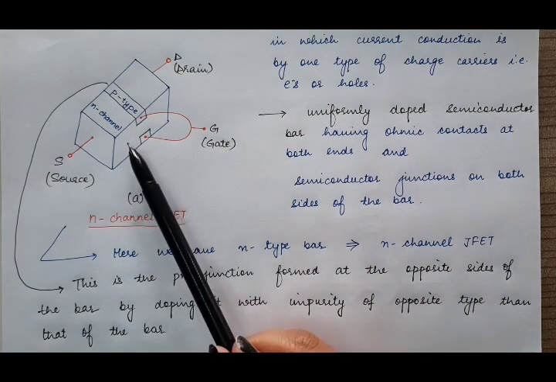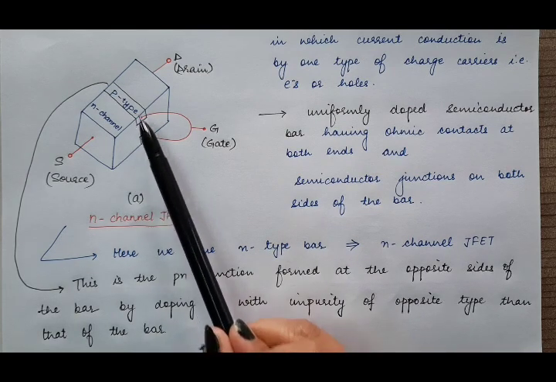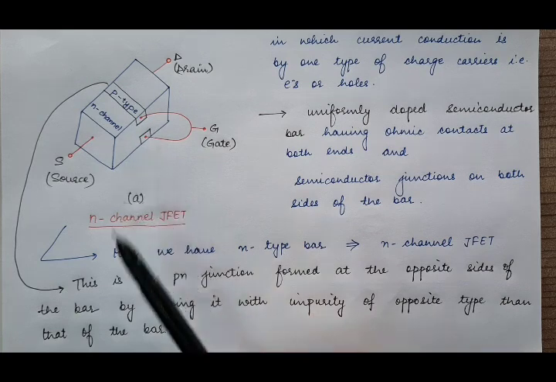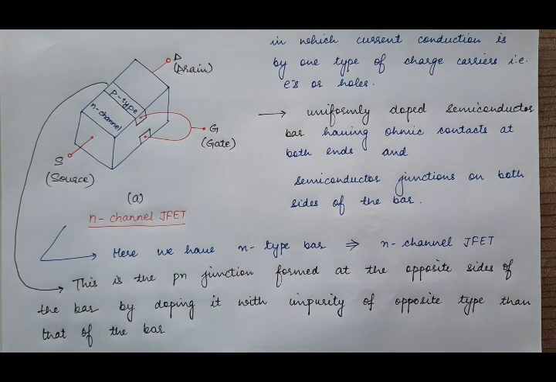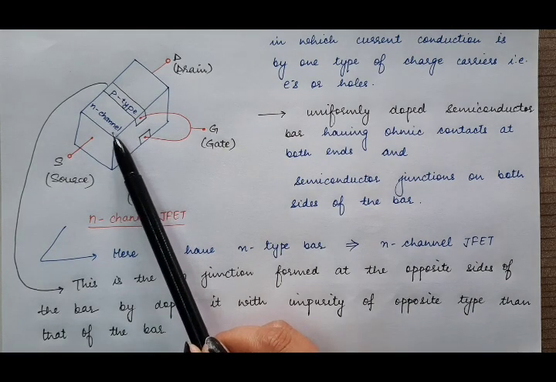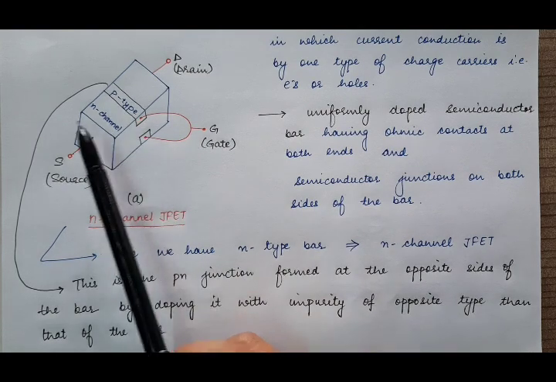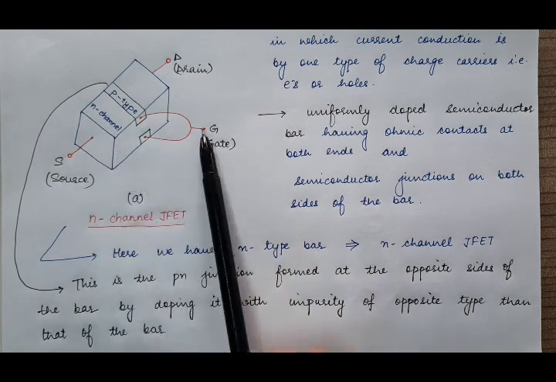And if you have a p-type bar, in the case of a p-channel FET, the impurity with which you dope here will be n-type. So in an n-channel FET, the gate is p-type, and in a p-channel FET, the gate is n-type.